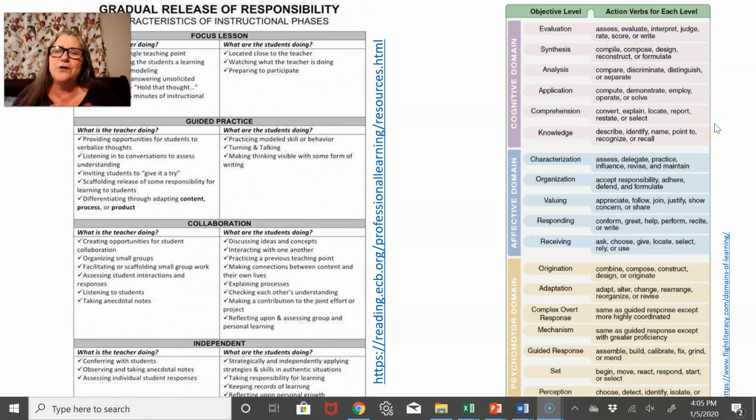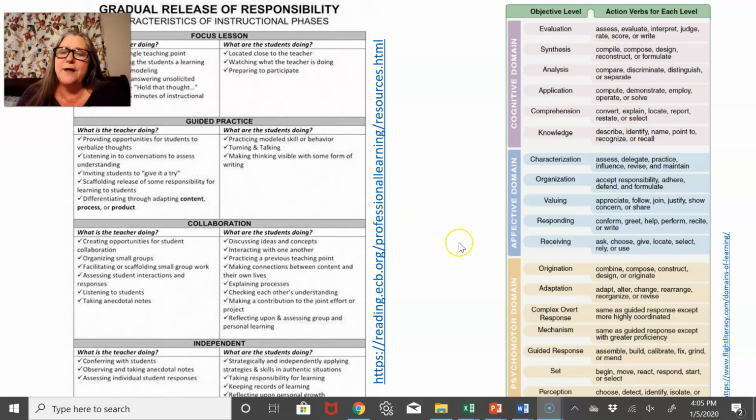So when you start talking about what the students are doing, let's get away from these little verbs like they're going to write and list. How about that they're going to evaluate or describe or identify? Let's think about these types of Bloom's verbs for your cognitive domain.